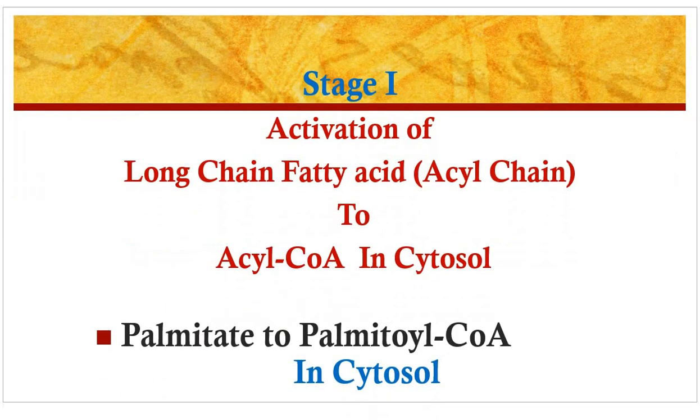Now there are three common stages. The first stage is the activation of the long chain fatty acid. The long chain of fatty acid is also known as acyl chain, and this acyl chain is activated to acyl coenzyme A in cytosol. For example, if we take palmitate fatty acid, then it is activated to palmitoyl coenzyme A in cytosol.